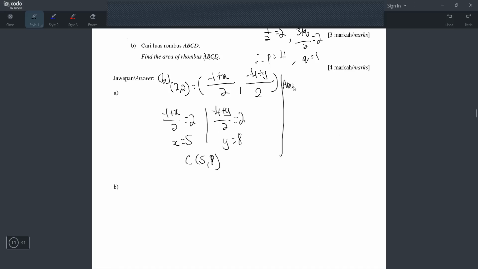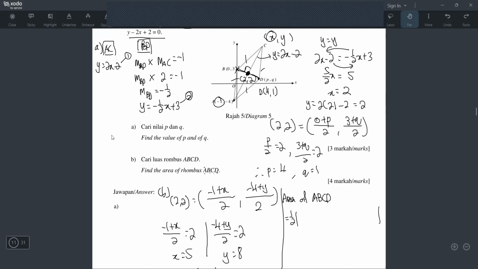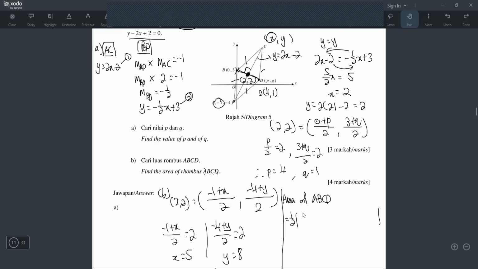So the area of rhombus ABCD will be 1 over 2 modulus, and you will put in all the points inside, right? You can start with any point you want. Let's use point B. Actually, you can start with A, B, C, D also, but let's start with 0, 3, okay?